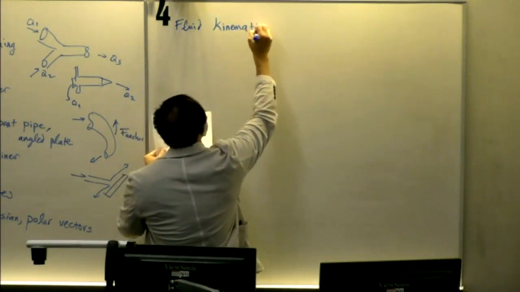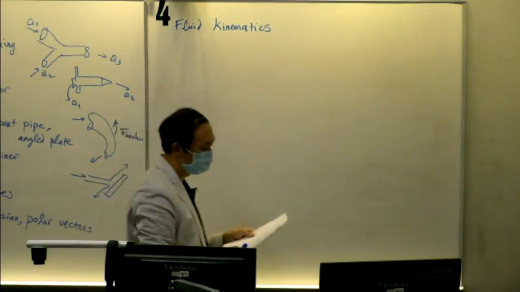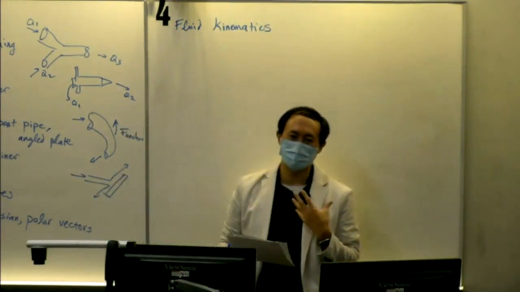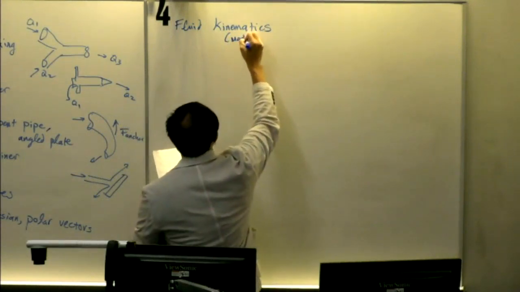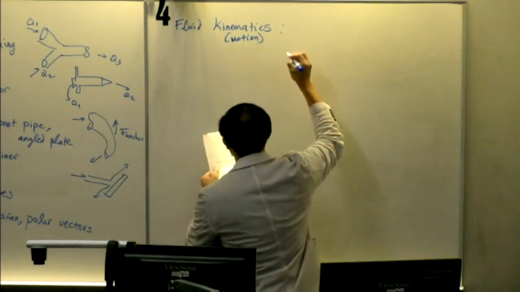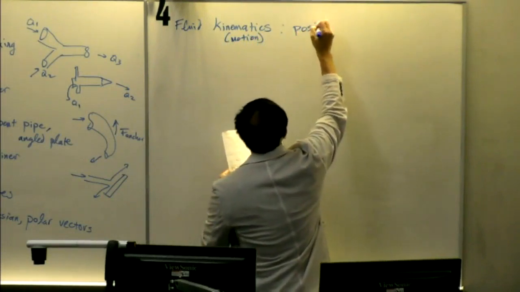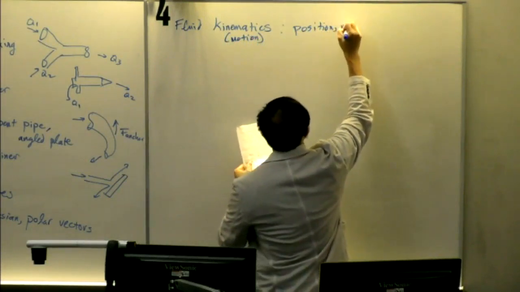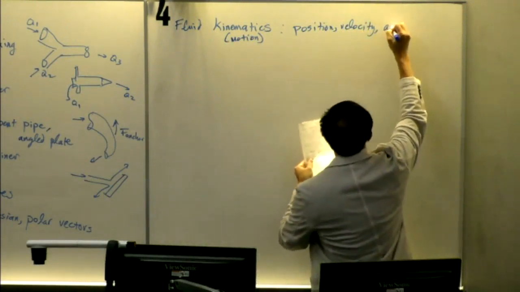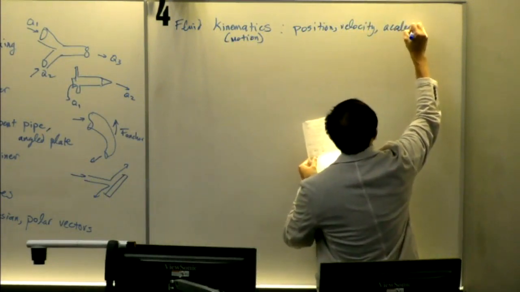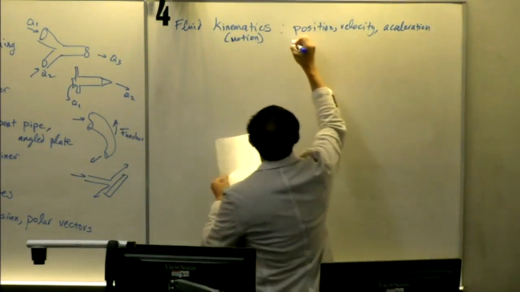And like I said, kinematics is just a fancy word for things that are functions of position. It kind of means the word motion, I think. But basically it involves position, velocity, and of course the derivative of velocity, acceleration. But not force.